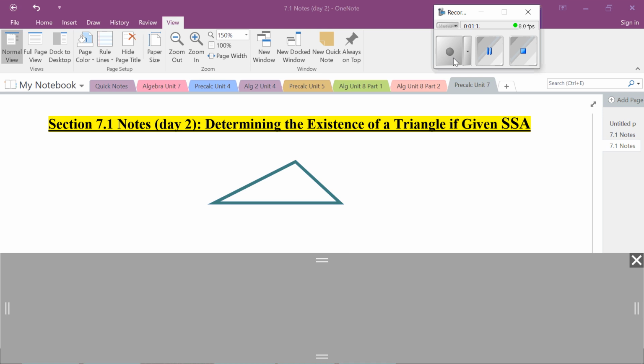We have to understand this concept before we even start solving triangles with SSA using the law of sines. Go ahead and write down the title of the lesson if you haven't done so already, and draw this oblique triangle. You can make up your own too if you want.